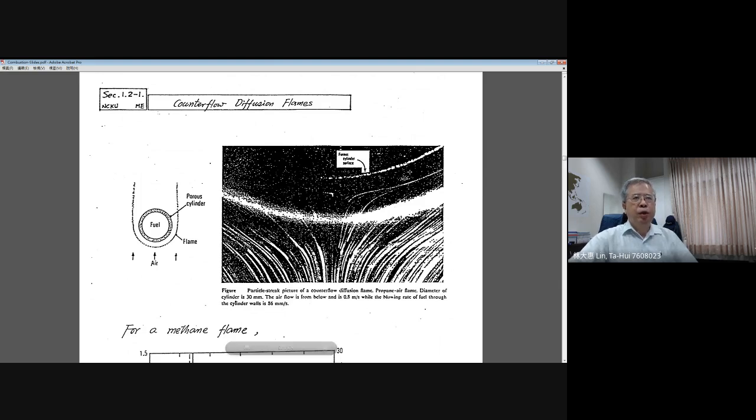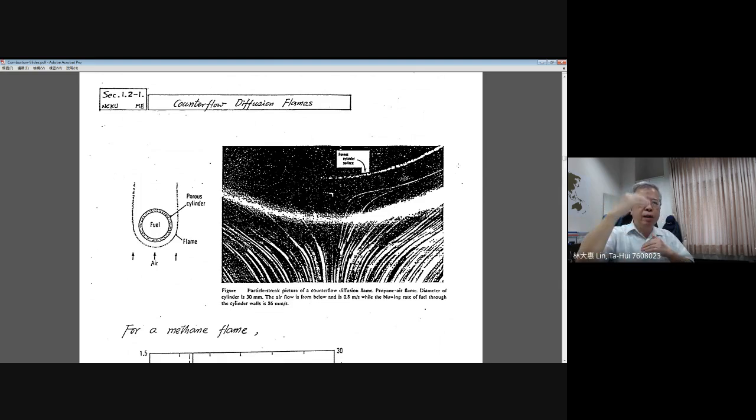Now, we try to look at some flow structures, concentration distribution, and also the temperature profile for this propane-air flame, to let you know the combustion characteristics of the diffusion flame. In this case, it is clearly the fuel supply from the upper cylindrical burner and the air coming from the lower flow.